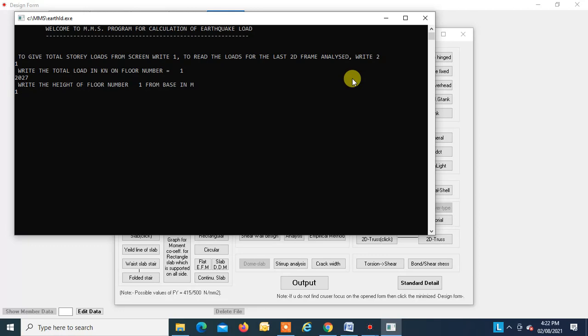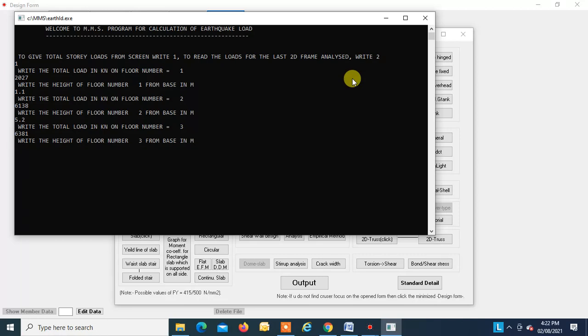Height is 1.1 meter from the base. Total load on floor 2 is 6138, and the height is 5.2. Press enter. Total load on floor 3 is 6381, and height is 10.2.